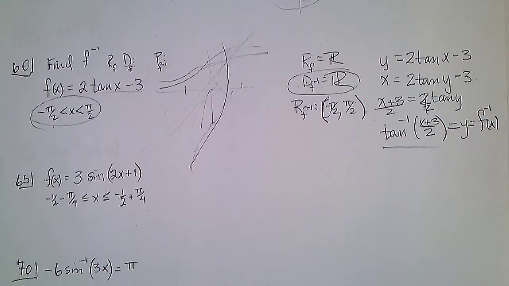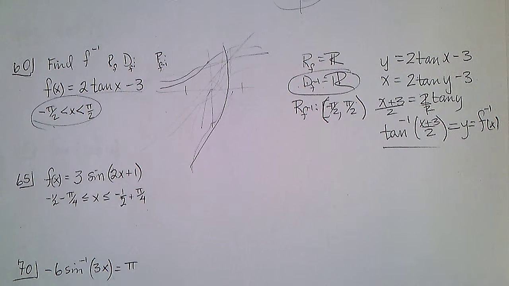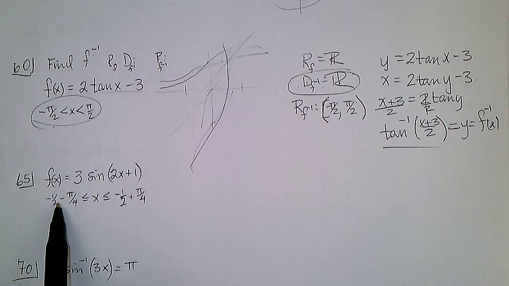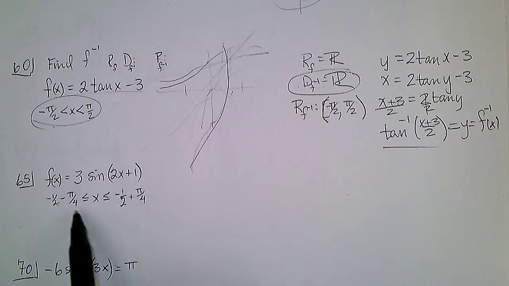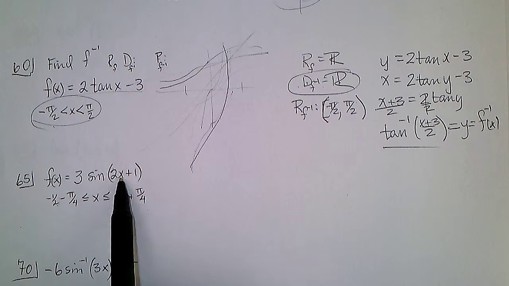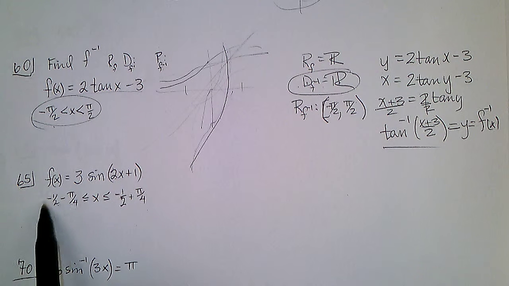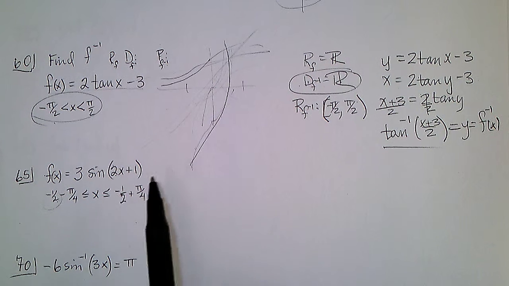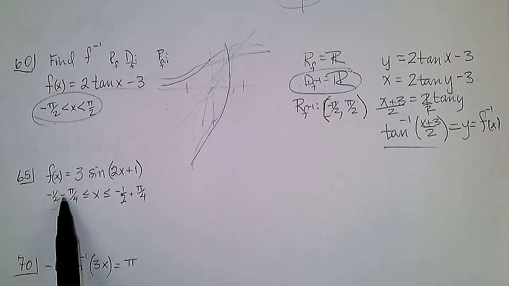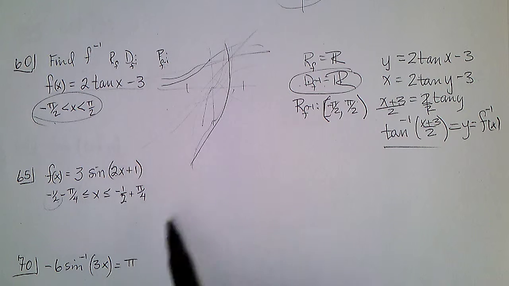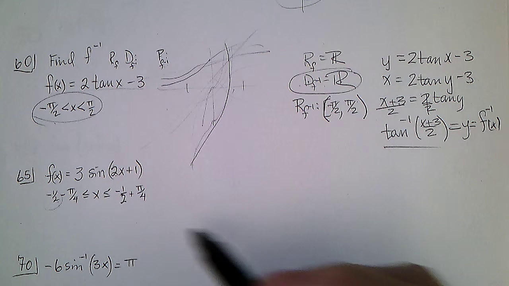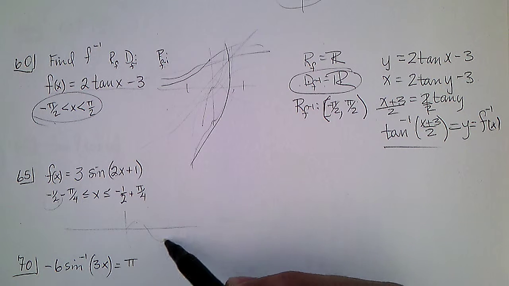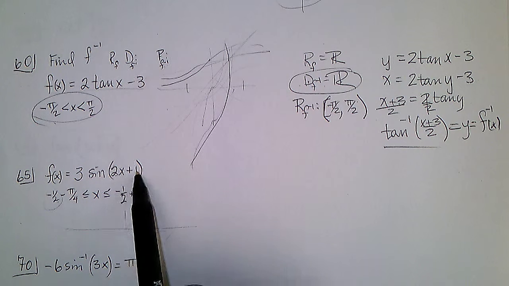Okay. On this one, I think we're supposed to do the same things. This is shifted sideways, and so that's why they have these halves on there, and it goes from negative pi over 4 to pi over 4. So we're taking the sine curve and shifting it.